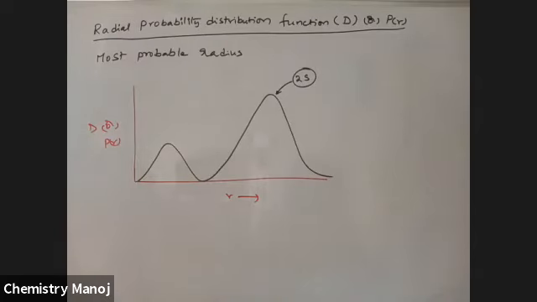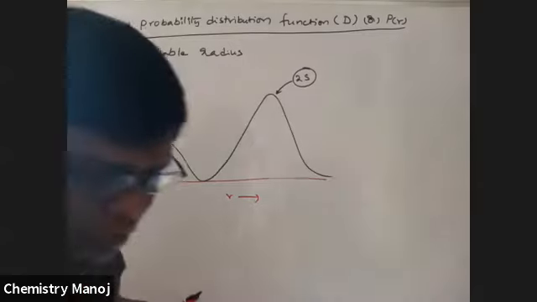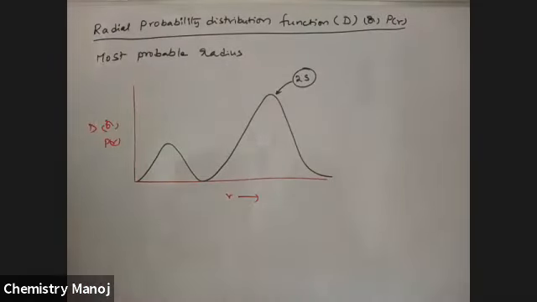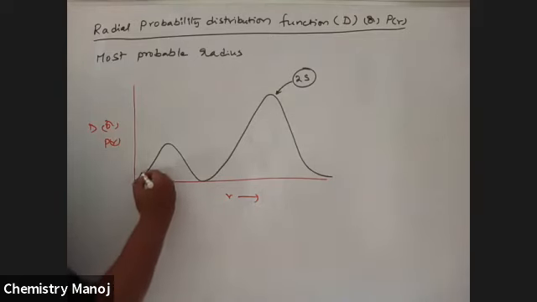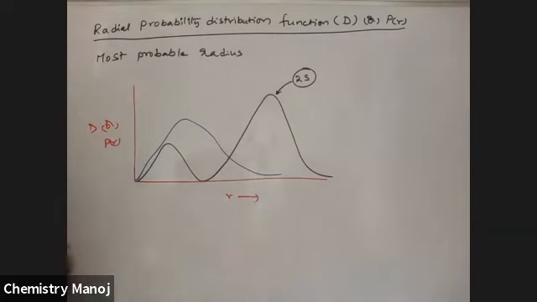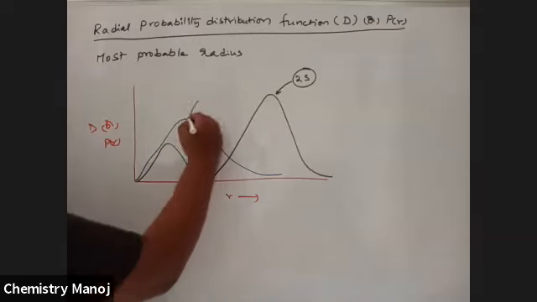Now I am going to draw the 2P orbital. How many peaks for 2P orbital? Yes, one. I'm going to draw here. It is for 2P.